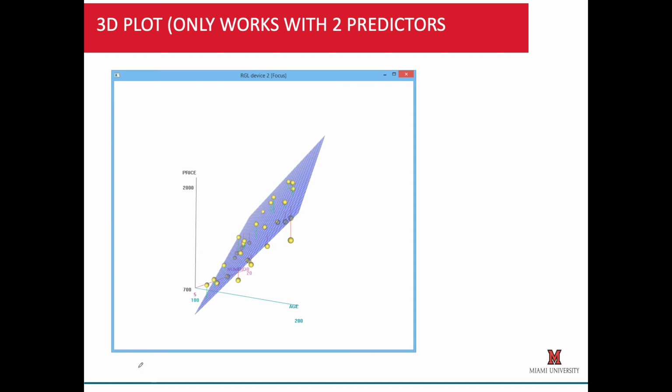And the plane basically looks like this. The plane now is your prediction. So in other words, this plane is just that y hat, which is equal to b0 plus b1 times x1 plus b2 times x2.